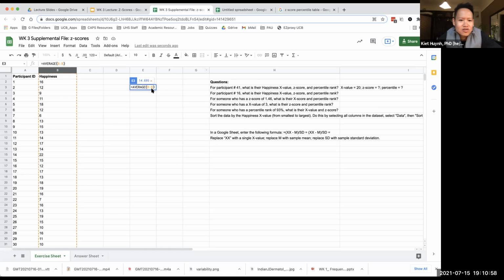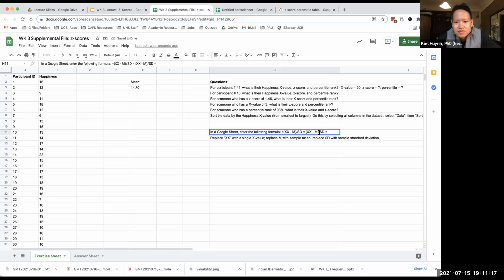So this B colon B just means I'm averaging the entire B column. Enter, you have 14.695. Okay, so let's only use two decimal points. So I'm going to click this to bring it down to 2 decimal points. So here the mean is 14.70.